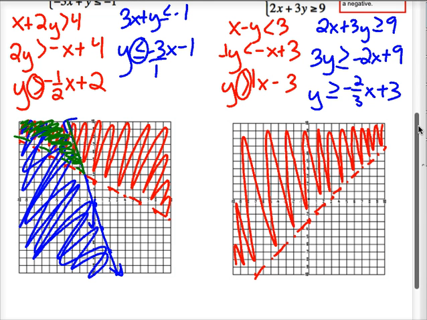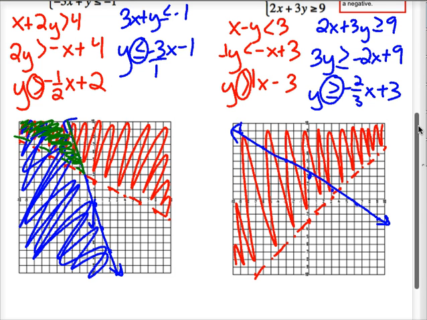For my blue line, I start with the y-intercept up at 3, then I have a slope of negative 2/3. Down 2 over 3, down 2 over 3. So I make sure I follow that slope. Greater than or equal to. The or equal to part means I get a solid line.